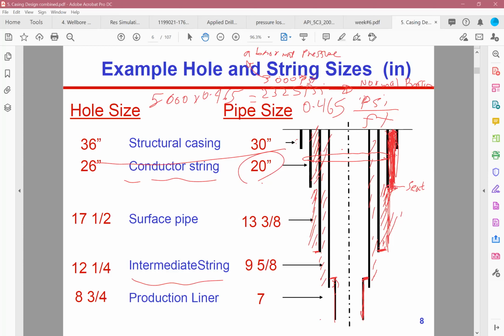So can anybody tell me why we would want to use a production liner instead of a production casing?